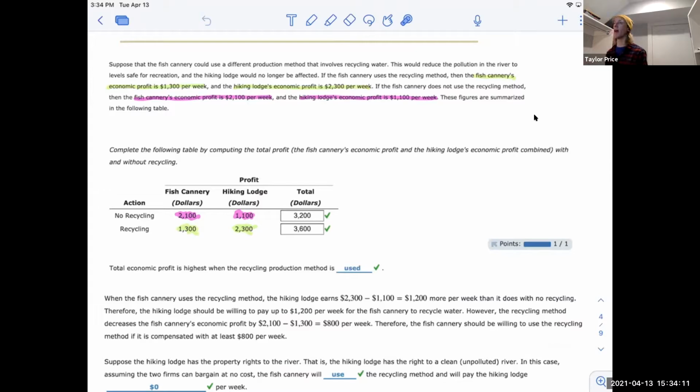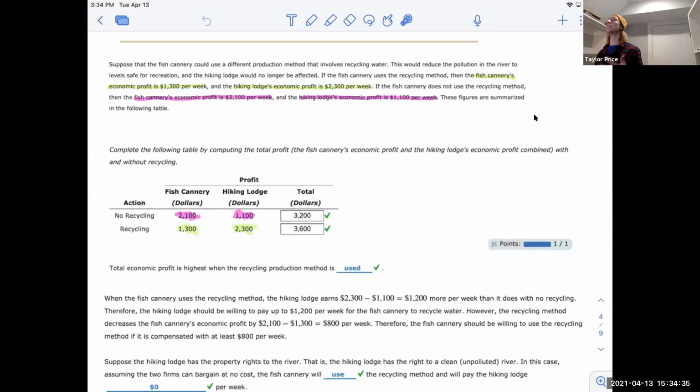The first thing is that if the fish cannery uses a recycling method, their profit is going to be $1,300, and the hiking lodge's profit is $2,300. If they don't use the recycling method, the fish cannery's economic profit is $2,100 per week, whereas the hiking lodge's profit is $1,100 per week.